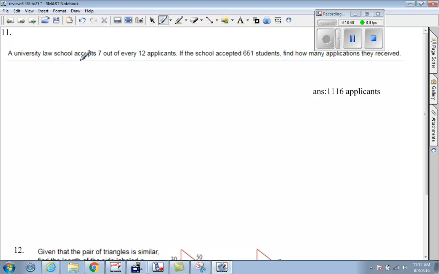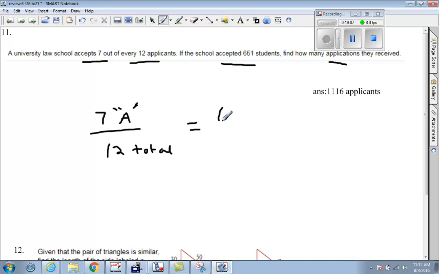A university law school accepts 7 out of 12 applicants. If they accept 651, how many applicants did they receive? So just think, I'm just going to write it like this. 7 accepted out of 12 total is to 651 accepted, A for accepted, out of how many did they receive?